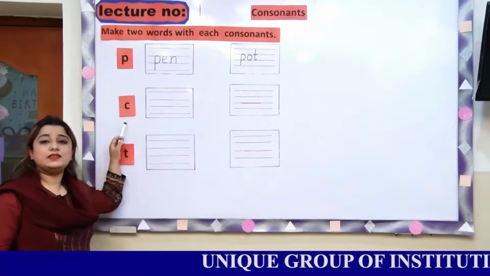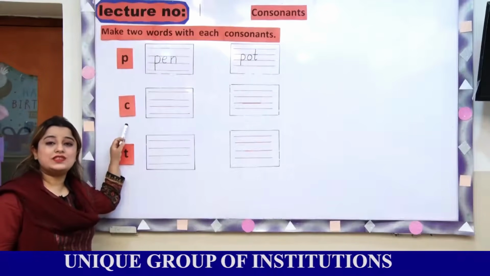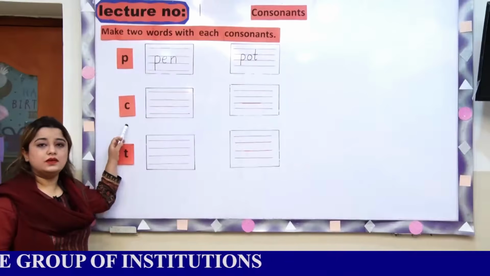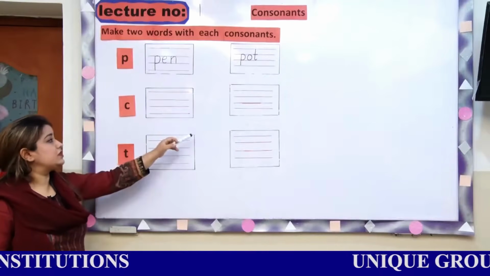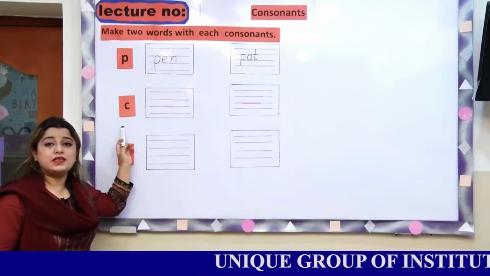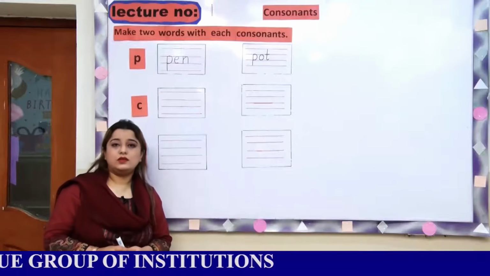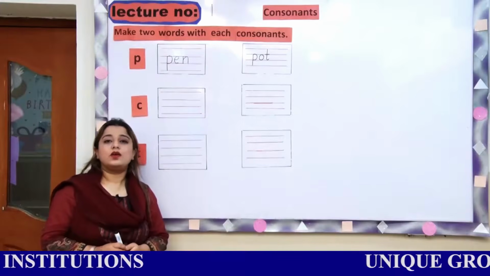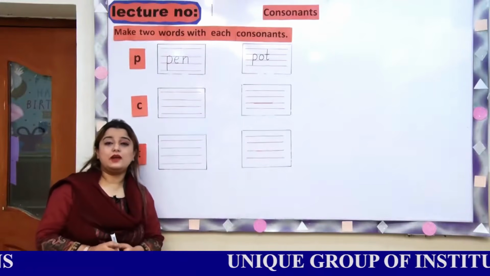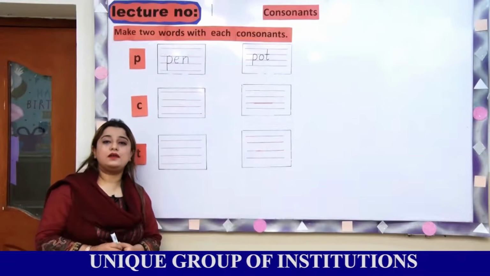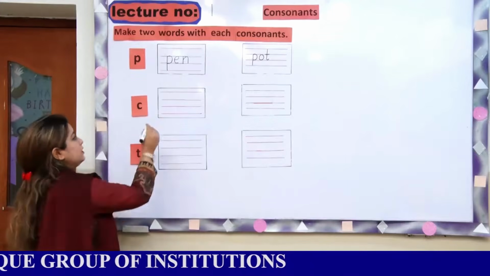The next consonant is C. And what is the sound of C? K. You will make two words with consonant C, like cat, caught. What are the spellings of cat?